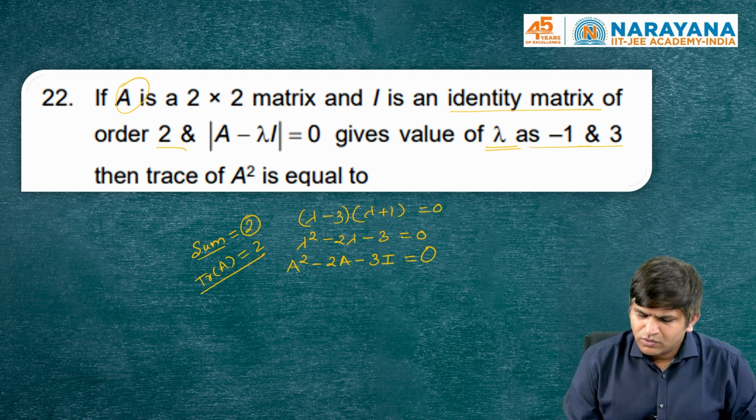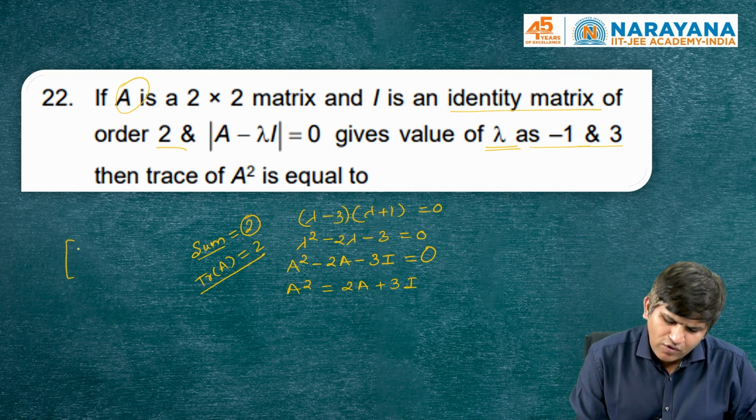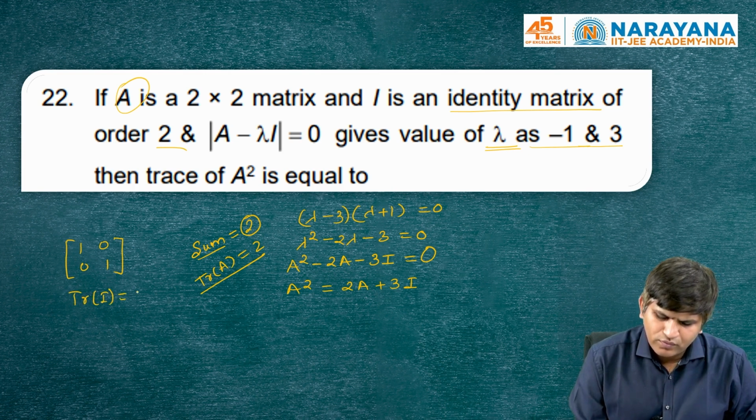So from here we can write A square is equal to 2A plus 3I, and the identity matrix is of order 2, so we can write 1 0 0 1. The trace of this identity matrix of order 2 is 2.